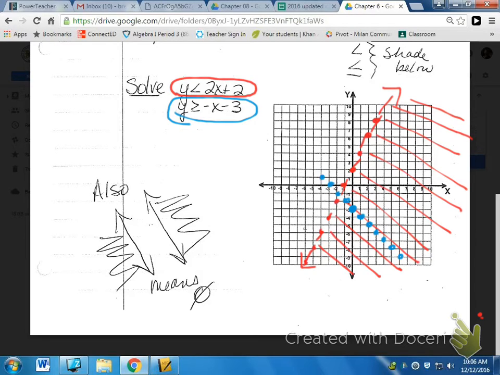Okay, so what kind of line is it? It says greater than or equal to. What kind of line would that be? Solid or dashed? Solid. So let's make a solid line here.